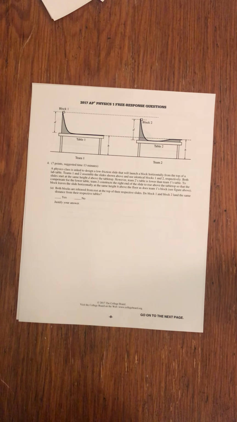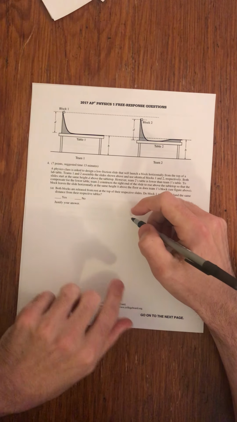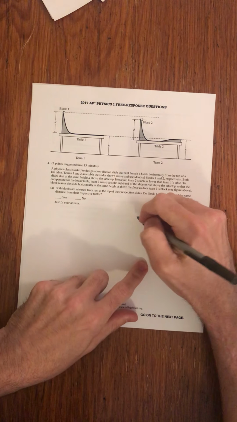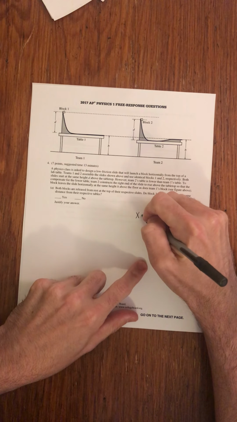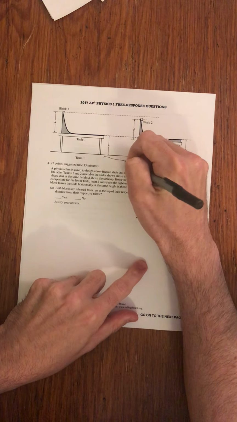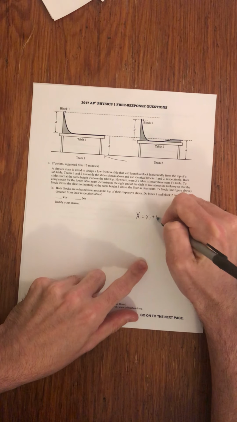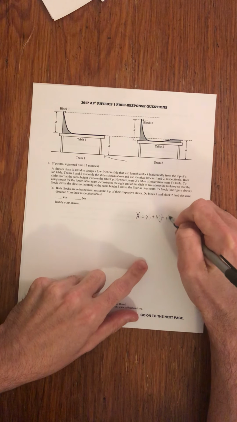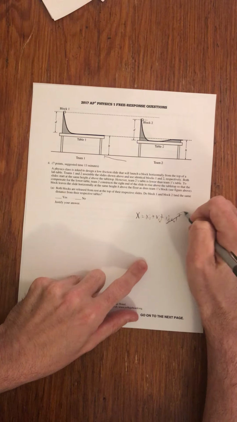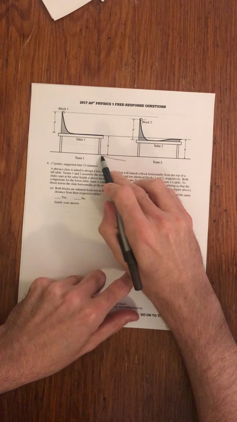Sometimes with these problems they say you must not use math, but I think the math informs what's going on, even if your math can't be your justification. Very quickly, I know that x, meaning how far it's going to go, is x = xi + vix t + 1/2 ax t squared, and xi is 0, the origin.